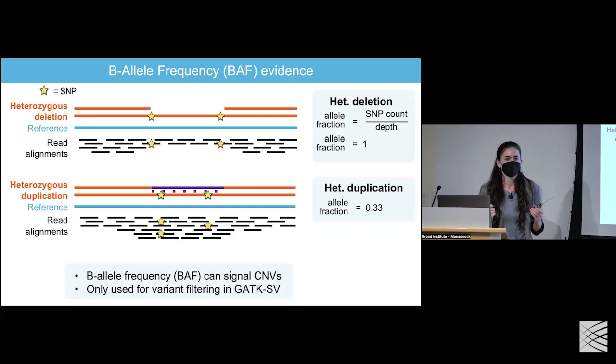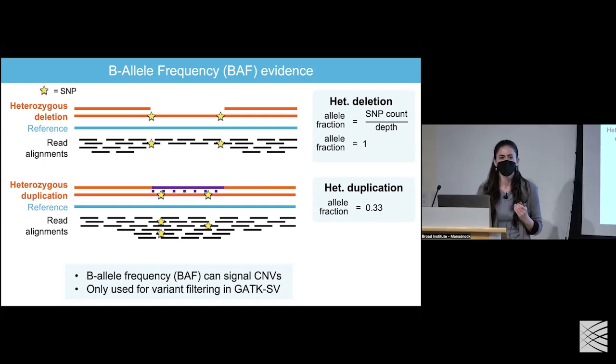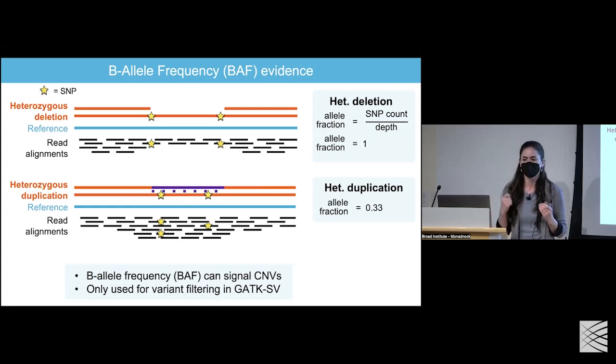Our final type of evidence is B allele frequency, or BAF. This is also just known as allele fraction. And this refers to the fraction of reads that support a SNP. And in the case of a heterozygous single nucleotide variant, you would expect that to be around 0.5.